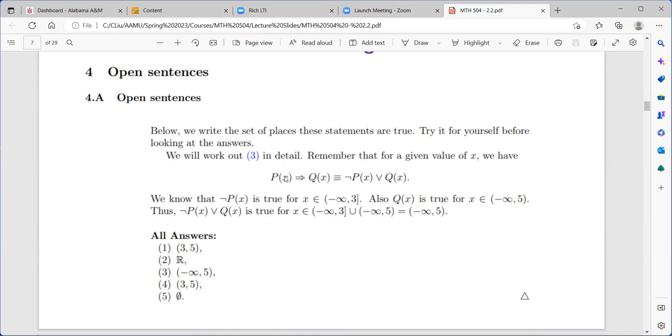For any specified value of x, this becomes a statement, equivalent to the statement on the right. But when x is not specified, we're talking about two open sentences, but they are also equivalent because for every value of x you plug in, this is true. They are equivalent. So these two open sentences are equivalent also. All right.